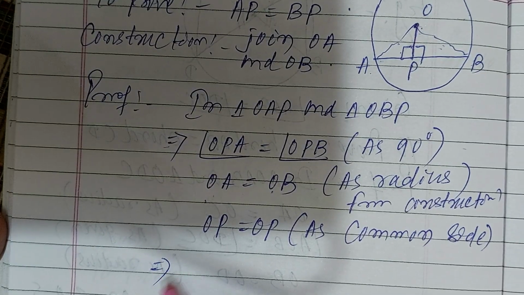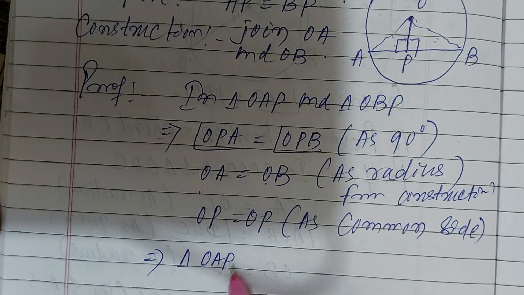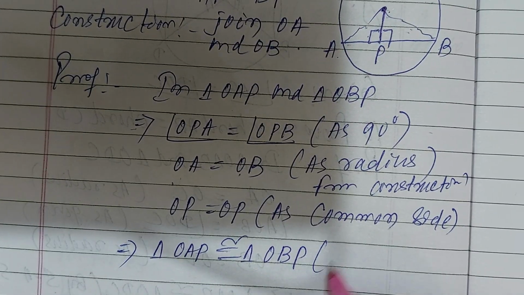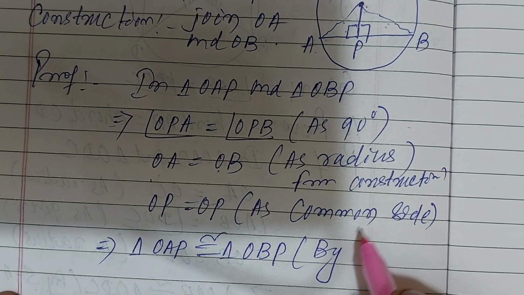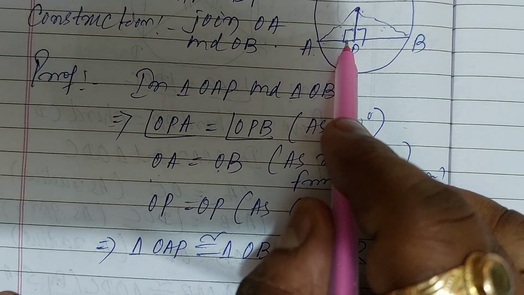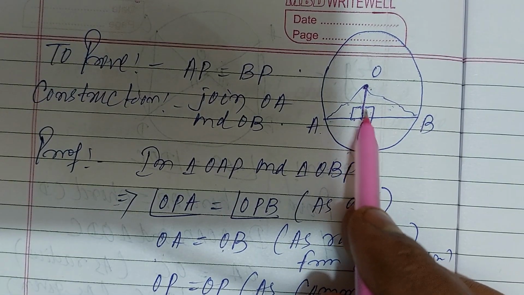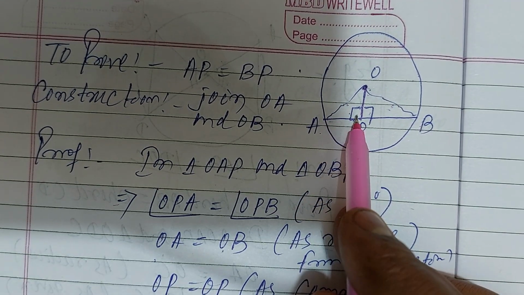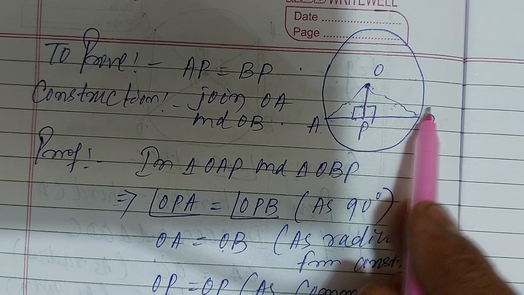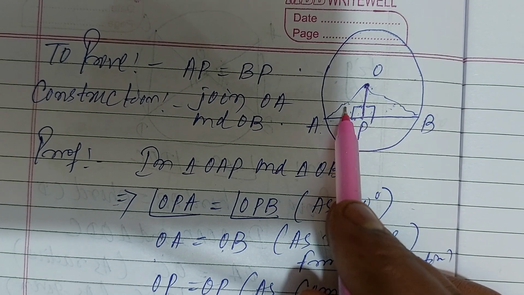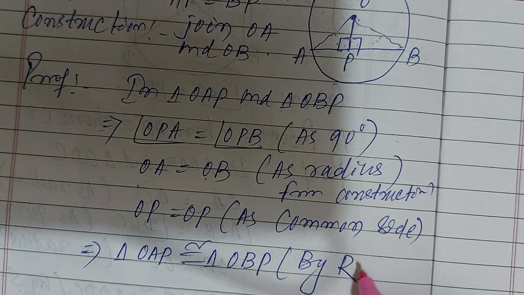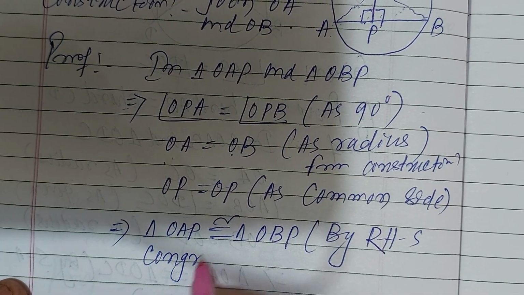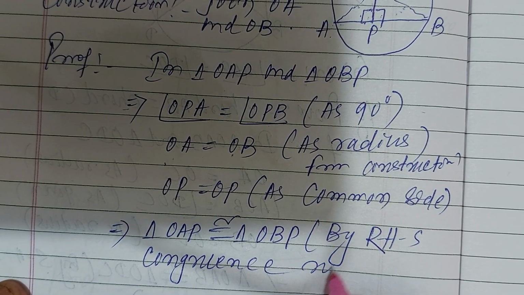So that implies triangle OAP is congruent to triangle OBP by what? Right angle, hypotenuse. The side opposite to the right angle is known as the hypotenuse. So OA and OB are the hypotenuses of these two triangles and one side OP. So RHS congruence rule.